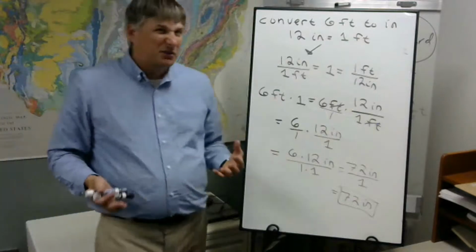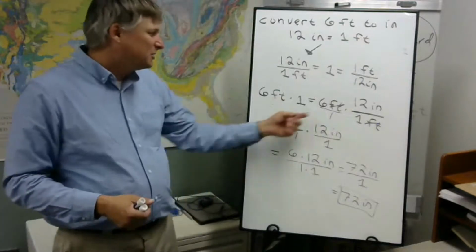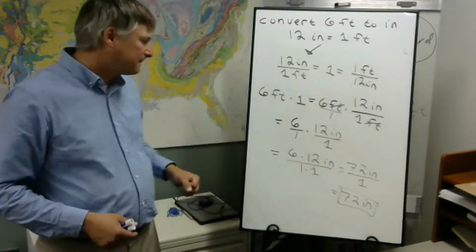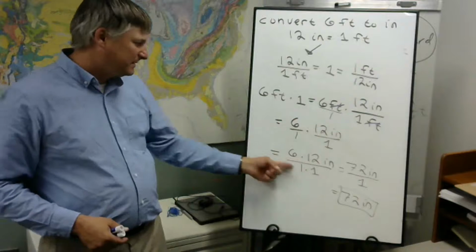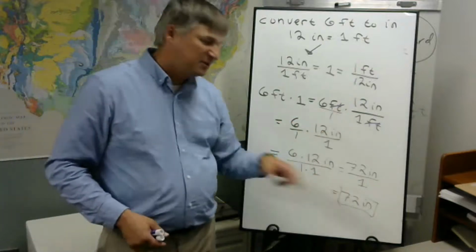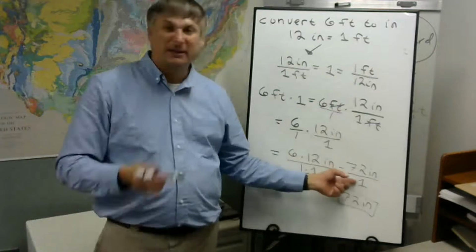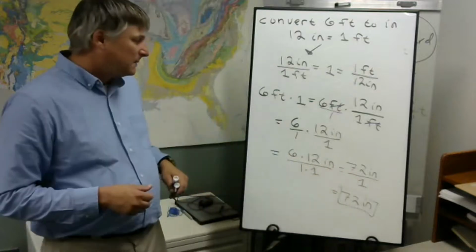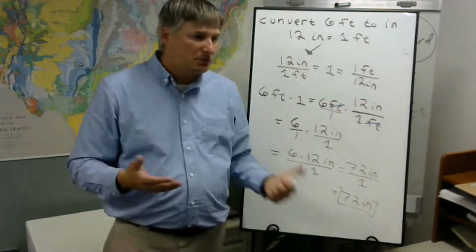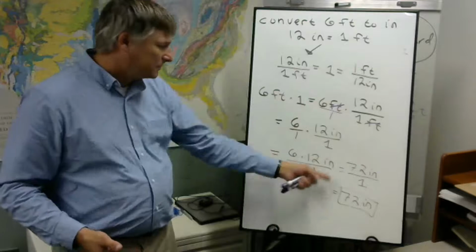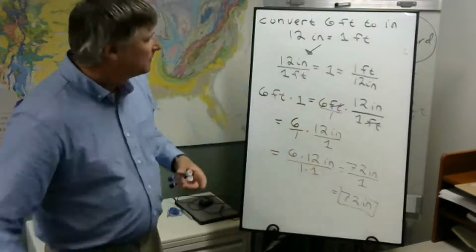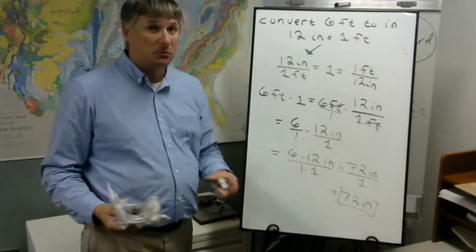Now, I've thrown in a lot of extra steps that you don't need. You can just tell yourself that this is always going to have a 1 in the denominator, and you can skip this step because you got 1 times 1, and just get to the 72 inches. You don't have to write this step if you want. But I'm putting in all the steps just to show you what's going on. When we do some shortcuts, there's still some stuff going on in the background. The shortcuts are not automatic. So hopefully that's not going to make things confusing.